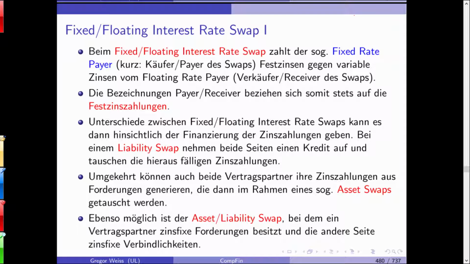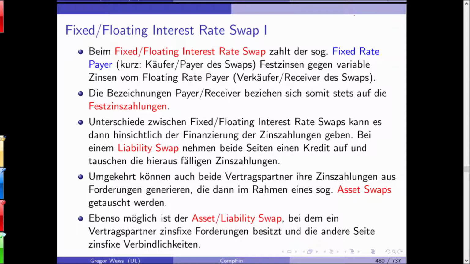Even in an exchange rate and foreign currency swap, it makes even more sense: both parties are buying and both parties are selling. They are just buying and selling a different currency. One party is buying dollars, the other is selling dollars. So it is not quite clear first who is the buyer and seller of the swap. But in interest rate swaps, the common ground is that the contract party that pays the fixed interest rate is the buyer of the swap, and the other party is the seller.